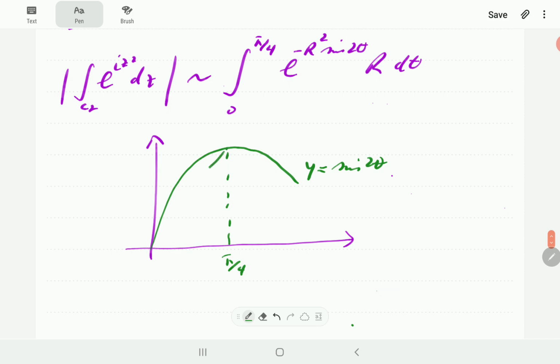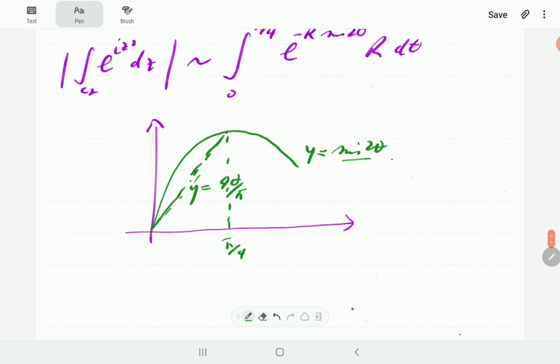And then if we look at the straight line joining that maximum and the origin, the equation of that straight line is going to be 4 theta over pi.